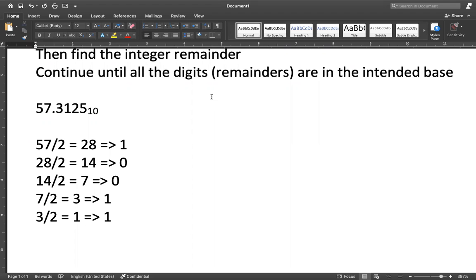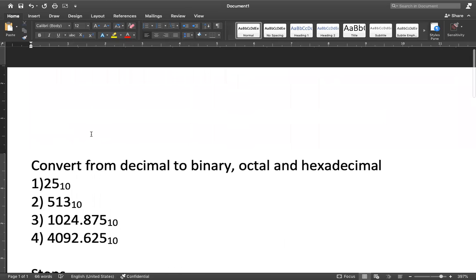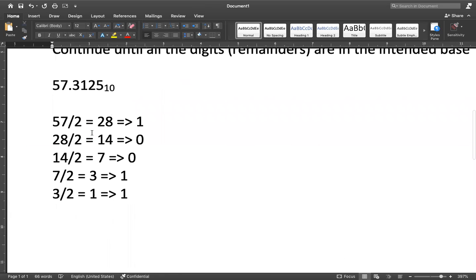When you get all the answers, in the binary number system the valid digits are 0 and 1 only. All the remainders are 0 or 1, no other remainder.